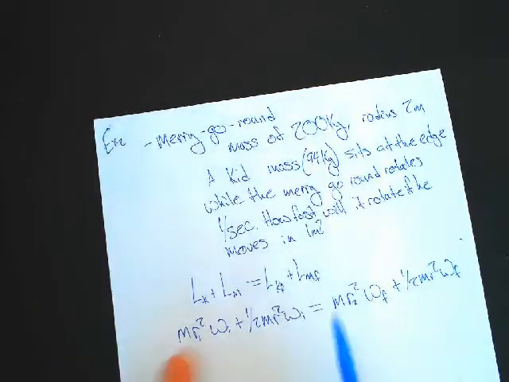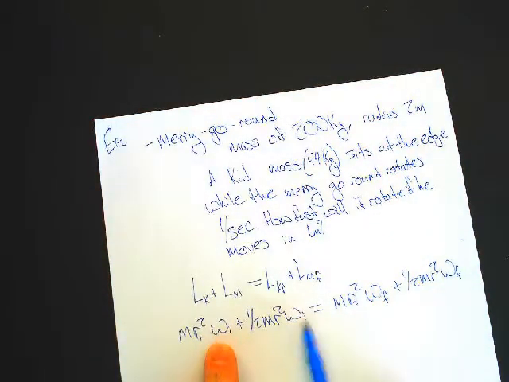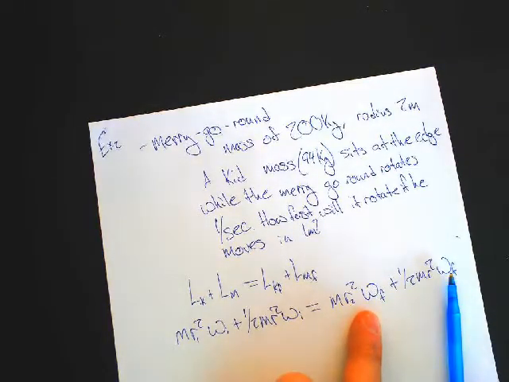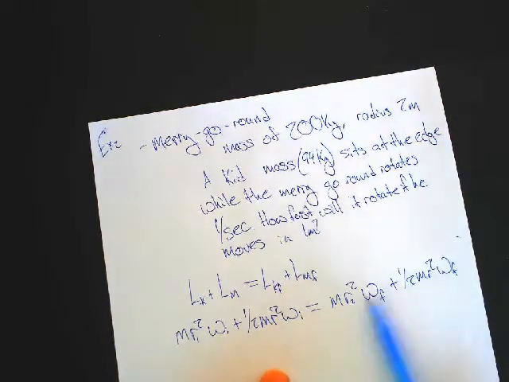Now I do want to point out, initially they're both rotating at the same rate, and at the end they're still rotating at the same rate. So these are going to have a common variable.